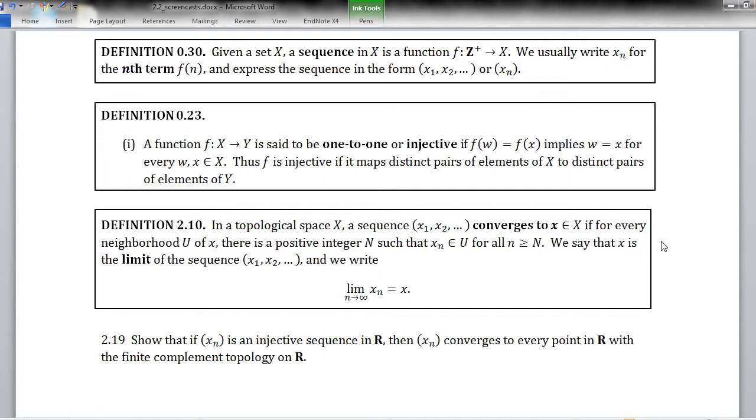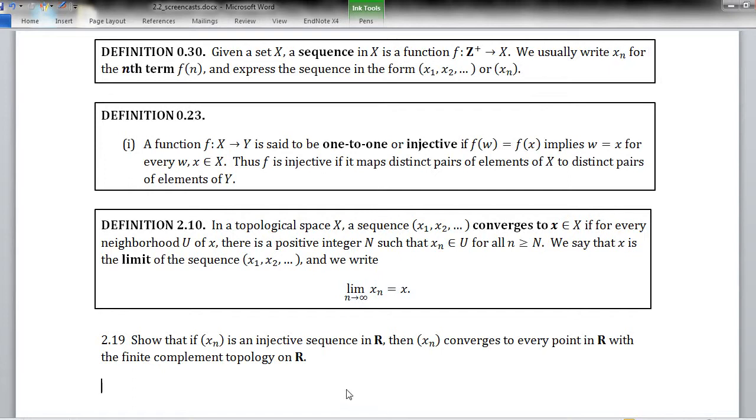Well, here you're going to be given a U challenge, right? Given any however tiny neighborhood U of x, you can always find some place in the sequence, the capital Nth term, such that that term and everyone after it is inside of this little neighborhood U. And we say that x is the limit of that sequence, and we write the limit as n goes to infinity of x sub n equals x.